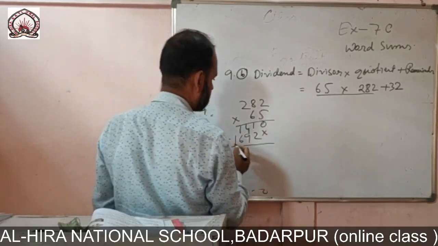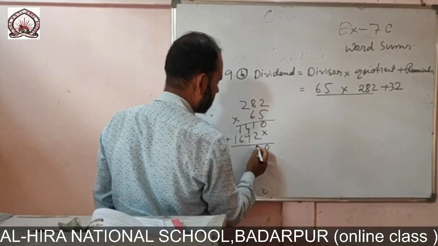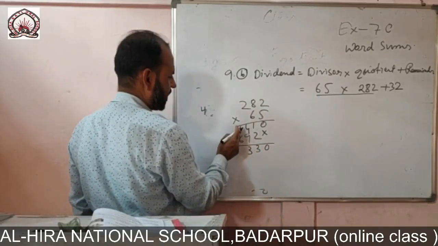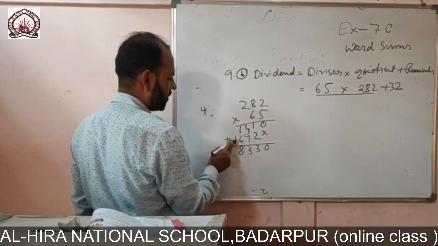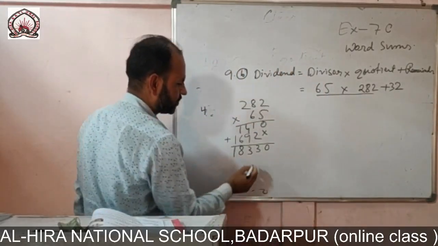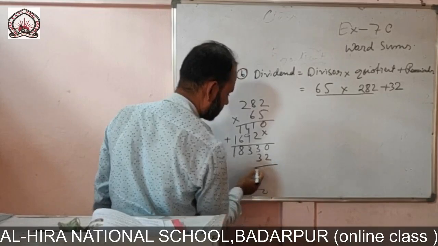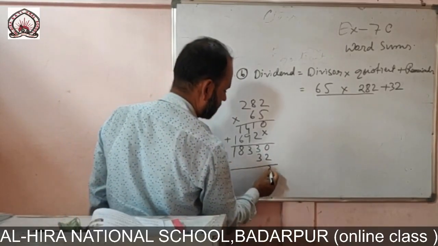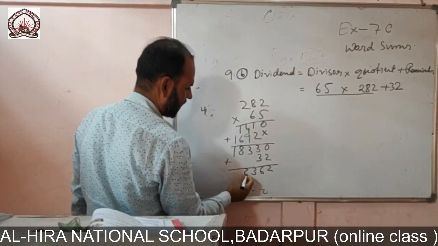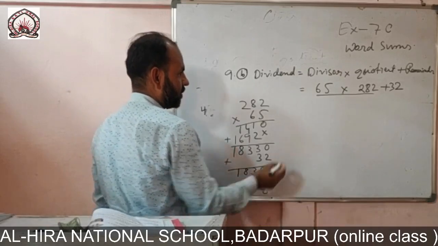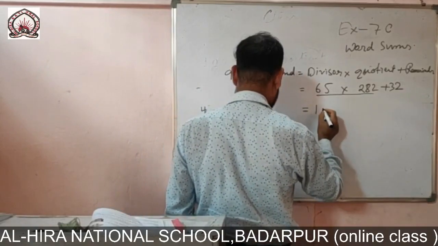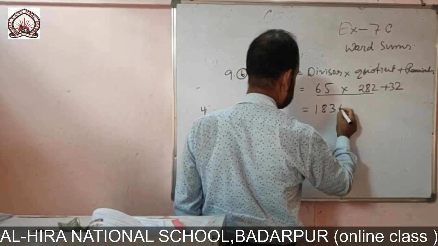Now plus, we get 18,330. Now we add the remainder 32, so dividend equal to 18,362.